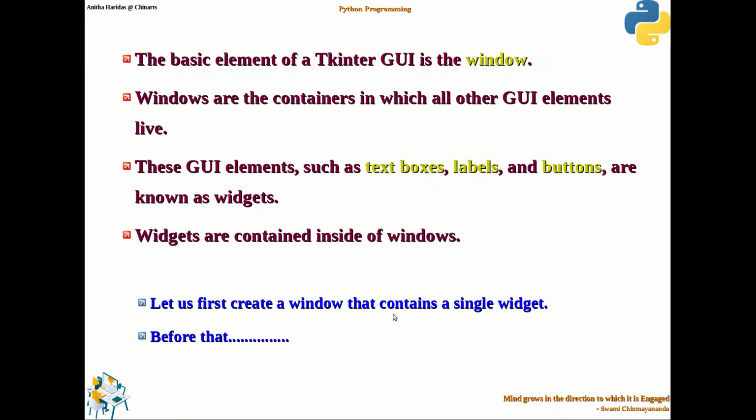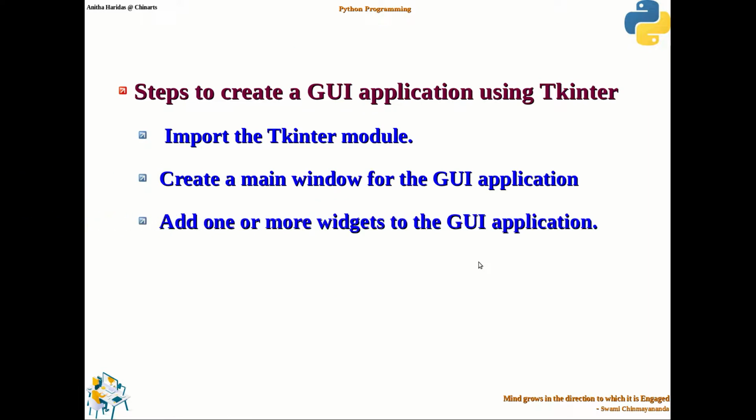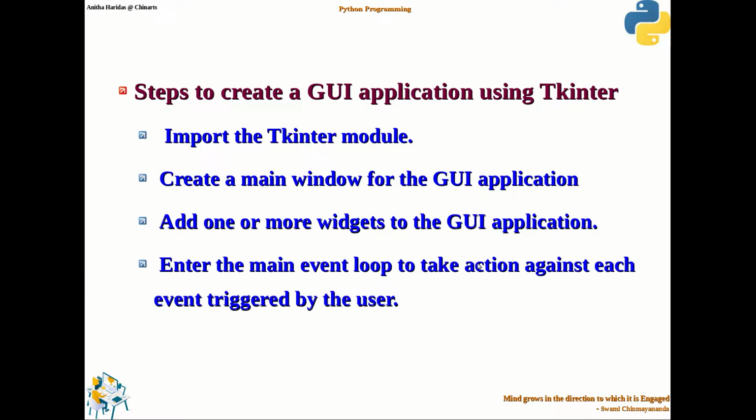Then we had seen some of the basic elements of tkinter GUI, which is the window, and other GUI elements inside the window such as text boxes, labels, etc. Then we had seen how a GUI application can be developed using tkinter. What are the different steps?